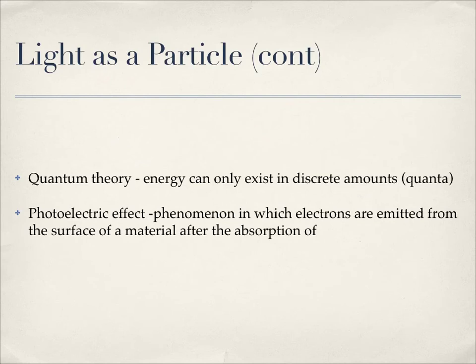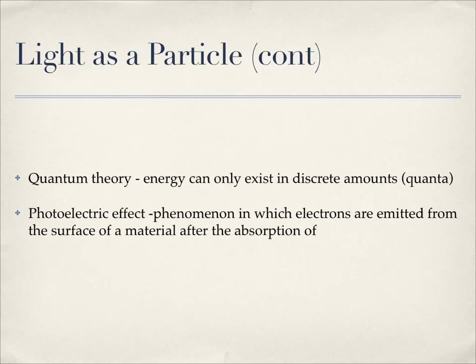Along with this, there's another property that led scientists once again to believe it must be particles, and that's called the photoelectric effect. Einstein did a lot with this idea. If you shine light on certain objects, they will emit electricity.